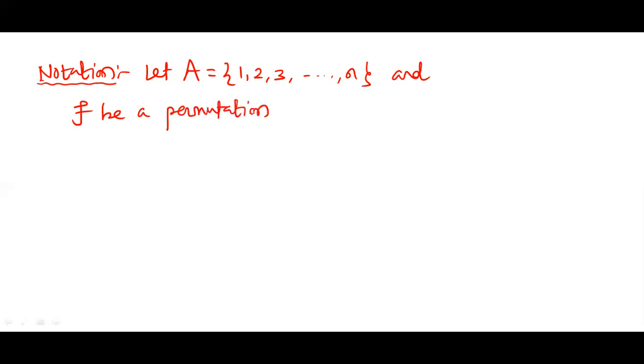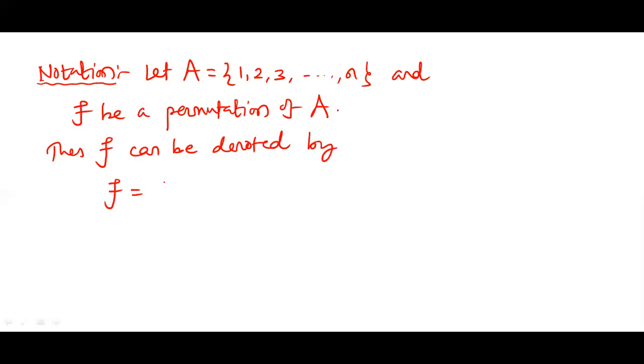Let set A contain n elements 1, 2, 3 up to n, and let f be a permutation of A. Then f can be denoted by the following symbol.